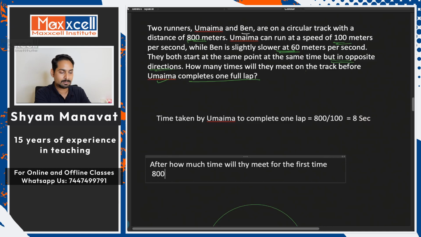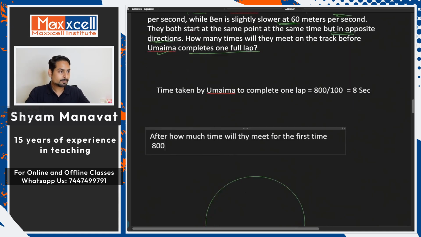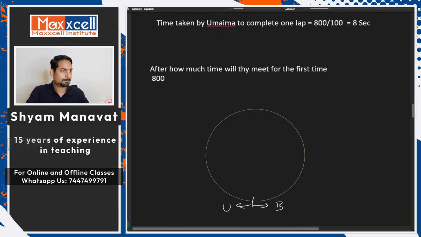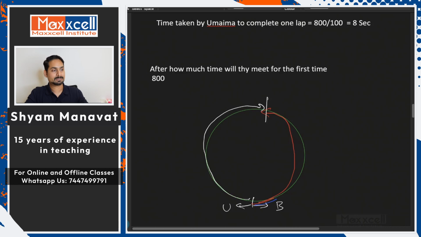The length of the lap which they need to cover, how will it happen? Ben in this direction, slower, somewhere here. Umaima in this direction, somewhere over here. They will meet for the first time. So relatively together they have covered the entire lap, right?